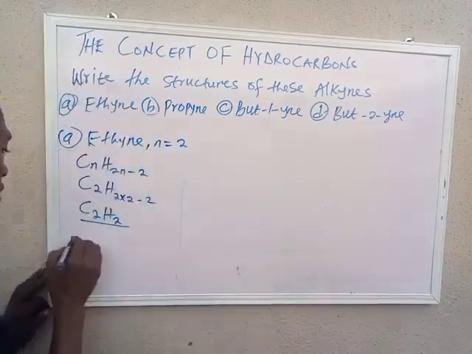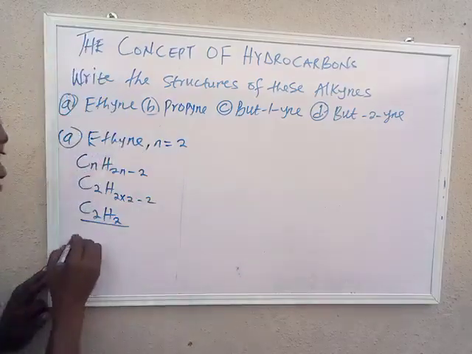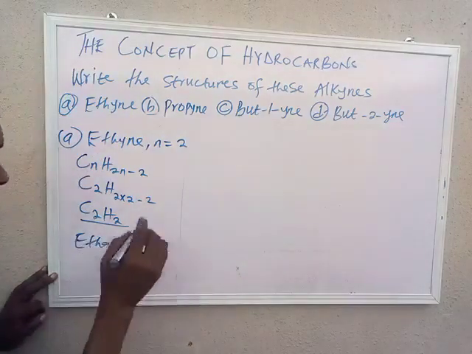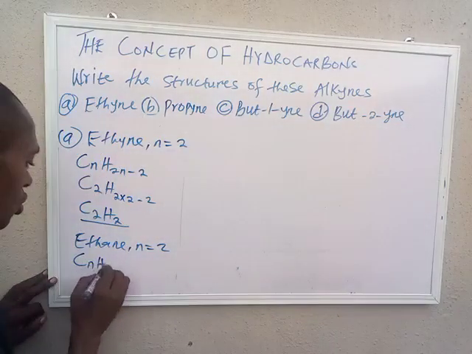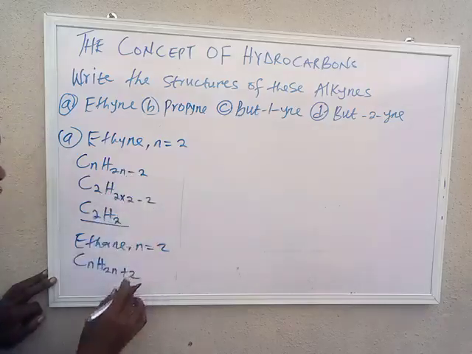So we know that in the alkanes, we have ethane. The ethane is still the same number 2. Ethane has n as 2. And the molecular formula of the alkanes is CnH2n plus 2, instead of minus 2 it is plus 2.